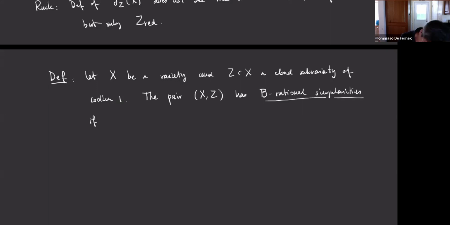if this element defined by the pair we just defined above is just computed by one stratum of Z, which is, after resolution, the one coming from Z itself, so the proper transform, if you like, in the log resolution.